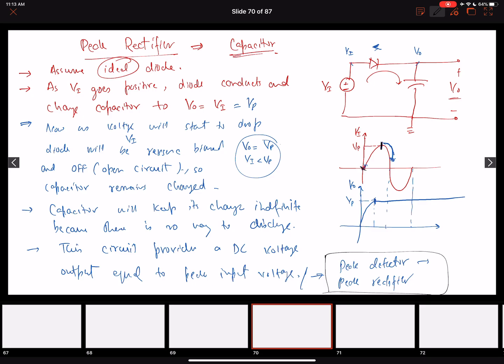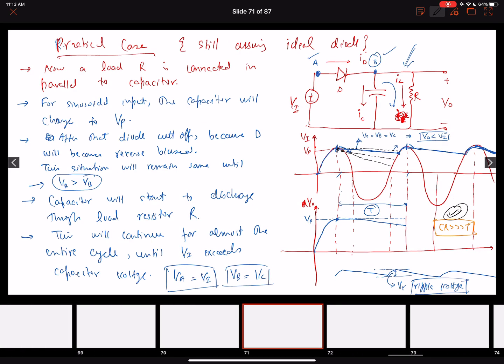As soon as this falls from the peak voltage, the diode becomes reverse biased, open circuit, and our voltage will remain constant. In this specific case, there is nothing after the capacitor for it to discharge, so our voltage will remain constant indefinitely. Again, that was a very ideal situation, which is not true in real-time scenarios.